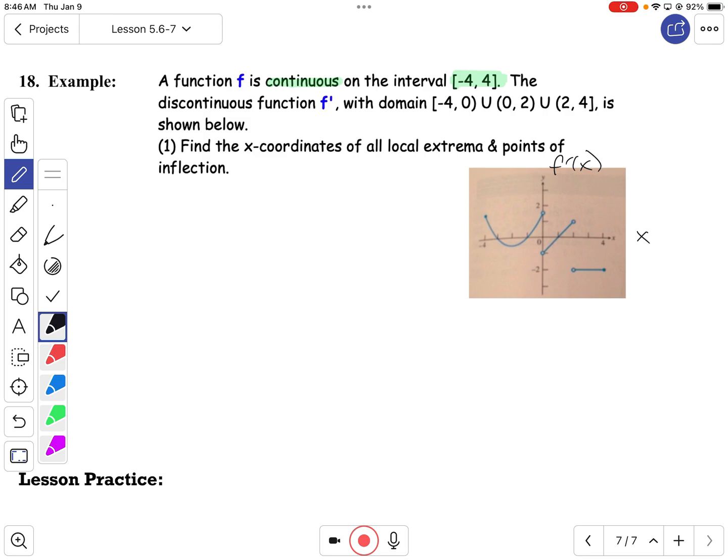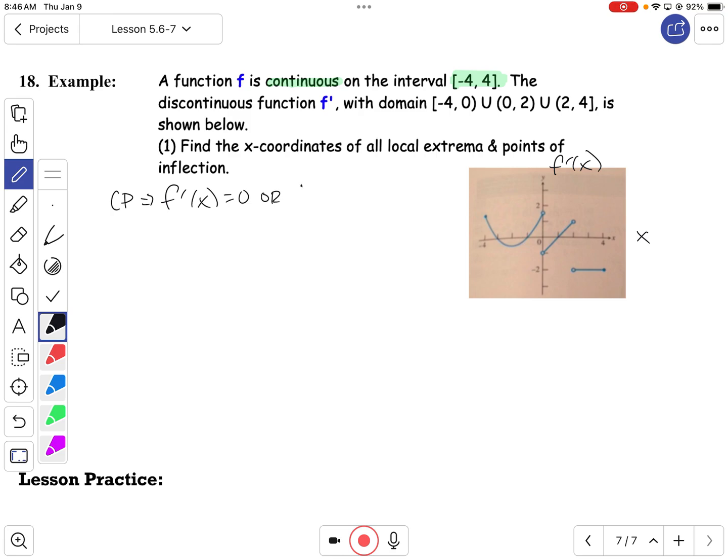All right. Now, there are a couple of ways to attack this problem. When I think of extrema, I think of my critical points. And critical points occur where the derivative is what? 0. Yep. Anything else? Could be an endpoint.